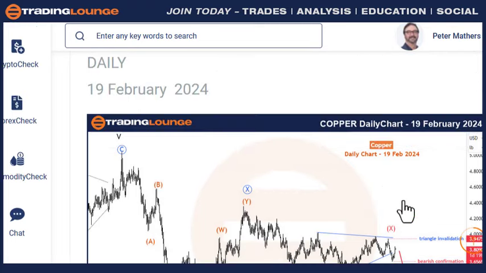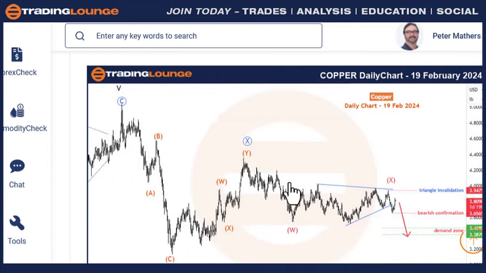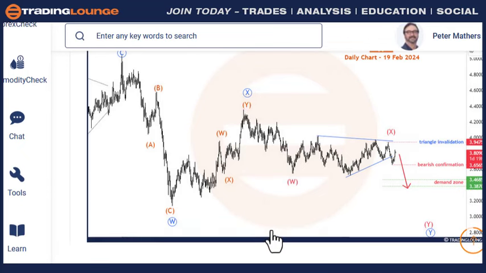This will be the US futures on copper here, but you could make a case for counting 5 waves up here. Not a strong case. It would be 1 and 2 here, and 1, 2, 3, 4, 5, the third, fourth, and fifth here. But on the LME where they trade more, it's quite clear that this is a corrective pattern to the upside.